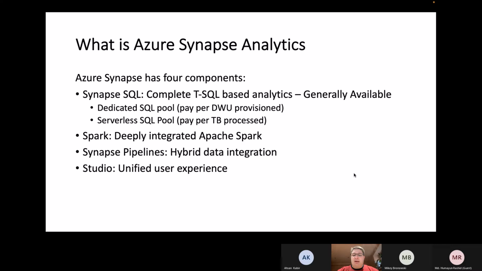But this is not everything. It turns out that Microsoft also integrated the Spark engine. So you can see Apache Spark integrated there. So imagine that now you have 3 engines inside Synapse Analytics. You can build a regular data warehouse on a dedicated pool.